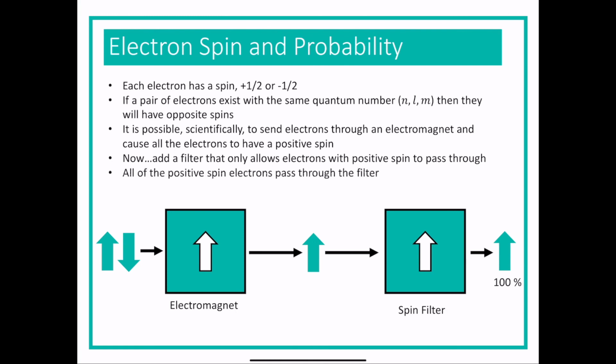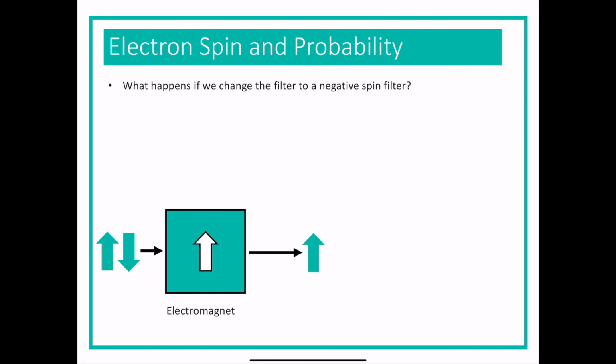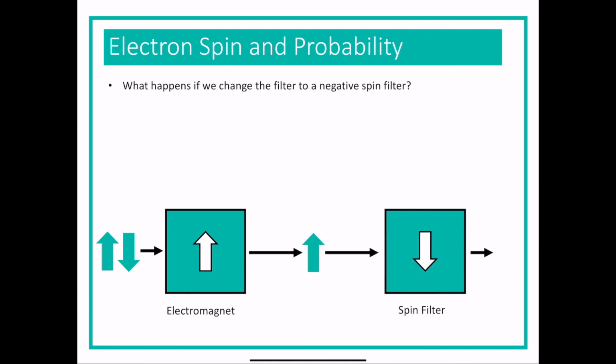Now what if we take the filter and make it into a negative spin filter? We send positive electrons to the negative spin filter, and pretty much nothing comes through because they all have a positive spin, and this is a negative spin filter, so it doesn't allow anything through.